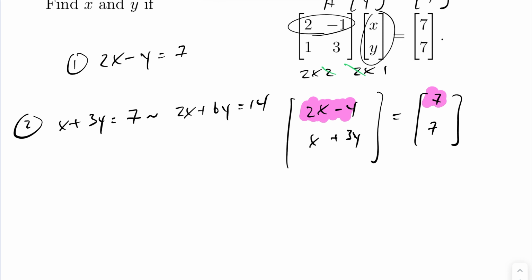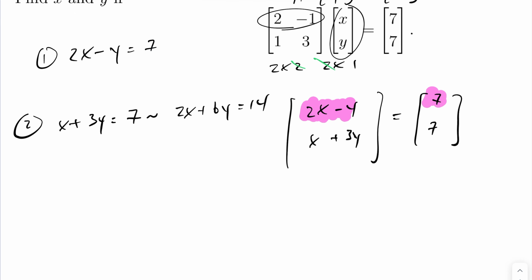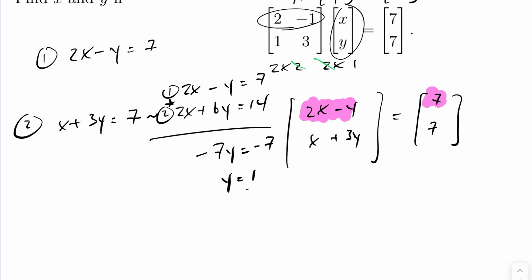Then our equation 1 from before, I'll label this 2 star because we've adjusted it, is 2x minus y is 7. Subtracting these two equations, I get negative 7y is negative 7, in which case y is 1.